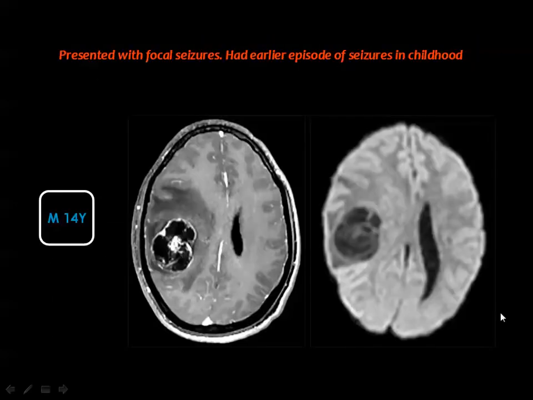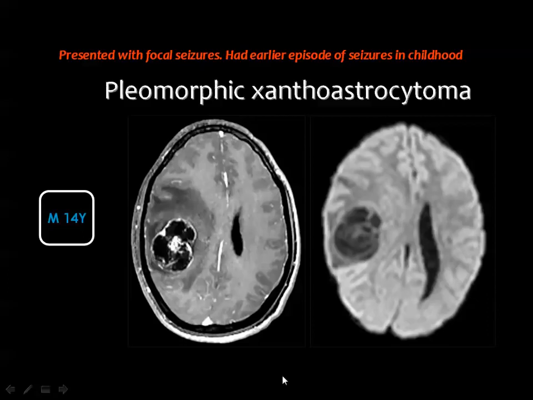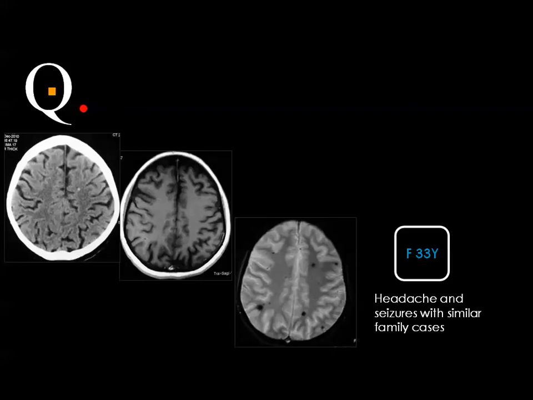And this is the PXA. If you look here, you see the nodule with a cystic component, but in the diffusion weighted images, you got free diffusion. And this is pleomorphic xanthoastrocytoma. Yes. And the nodule here is not superficially located. And I have said also that many of the rules are not absolute.